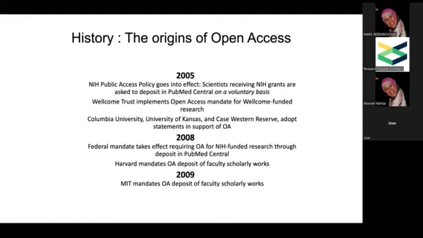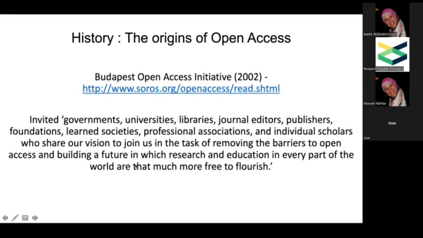Lots of universities now, if not the bulk of scholarly content, is in some form or another available online and open access. Here's that Budapest Open Access Initiative inviting governments, universities, libraries, journal editors, publishers, foundations, and so on to share our vision in the task of removing barriers to open access and building a future in which research and education in every part of the world are much freer to flourish.